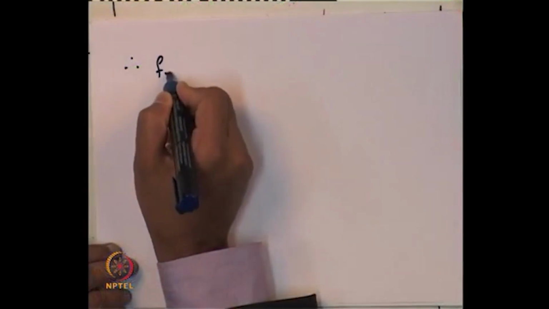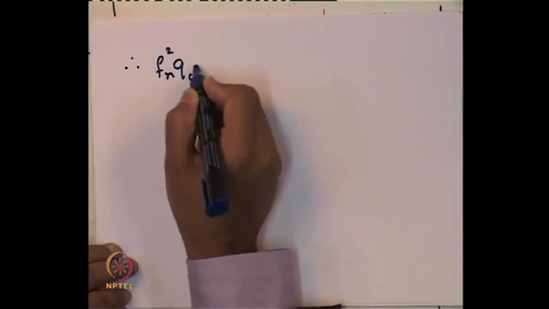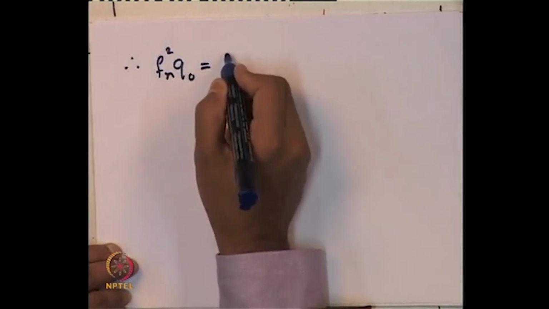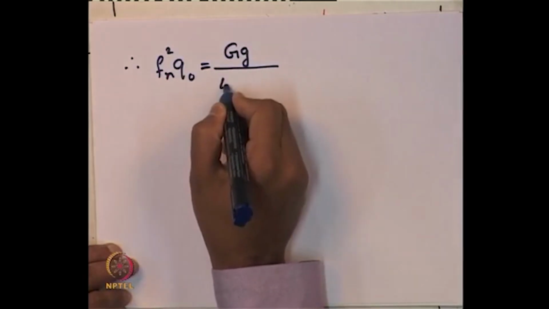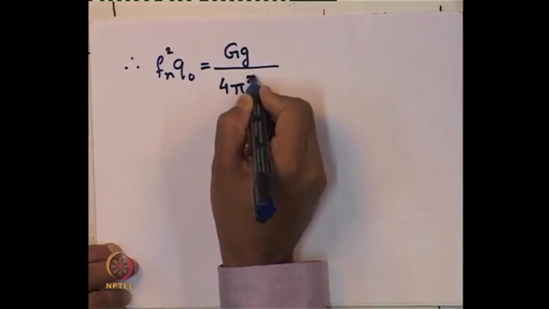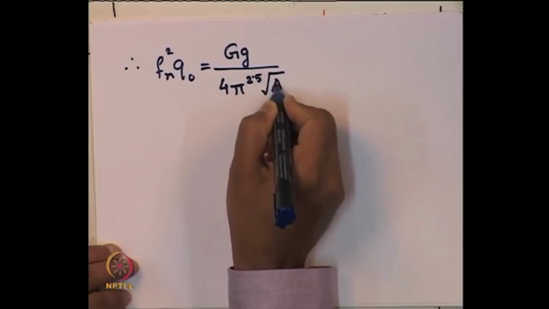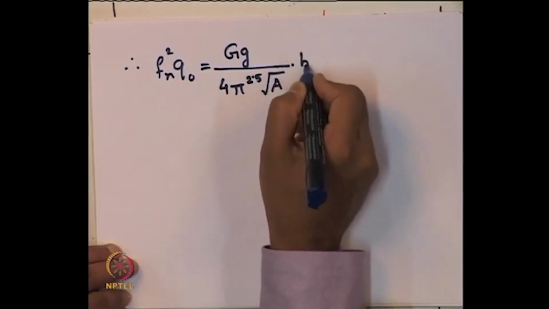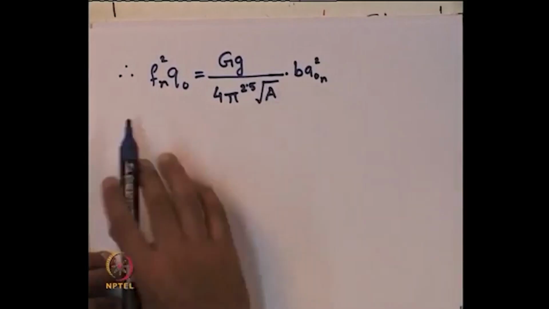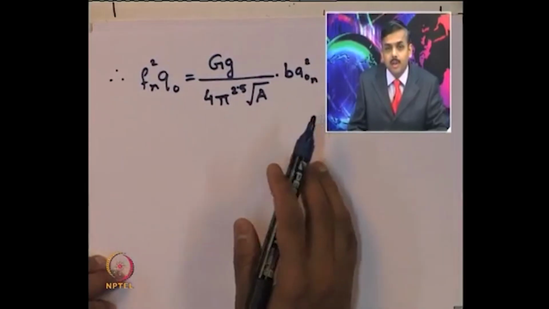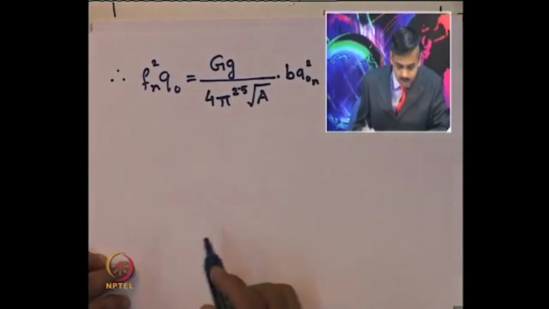Next, what I can mention in this case, that f n square times q naught is nothing but g g by 4 pi to the power 2.5 root over A times B A naught n square. Just I have taken B A naught n this side and this parameter on the other side.